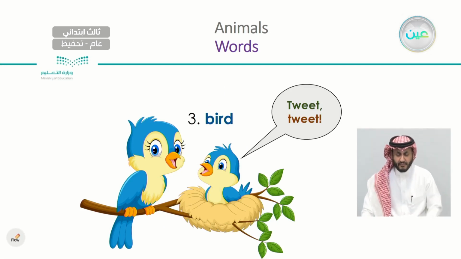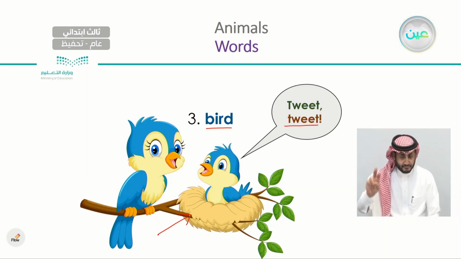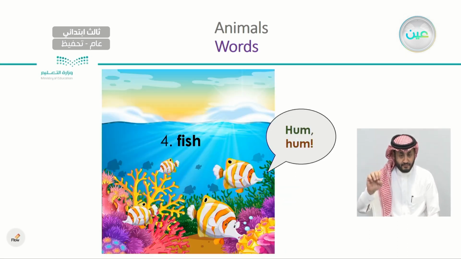Number 3. This animal is a bird. Yes, and we notice that this here is a nest, right? This looks like a mommy bird and a baby bird. The sound that a bird makes is tweet. Excellent. Tweet. Number 4. What animal do you see?